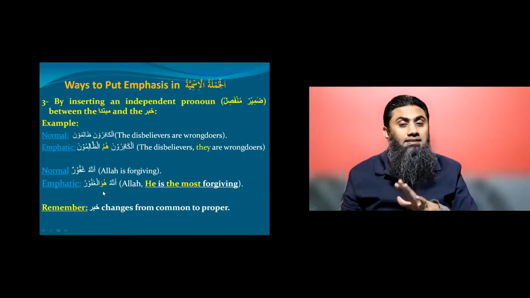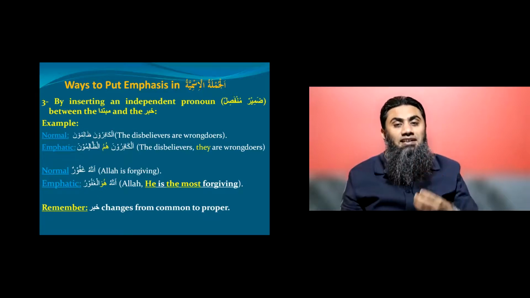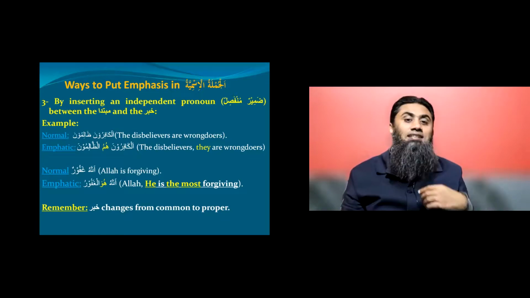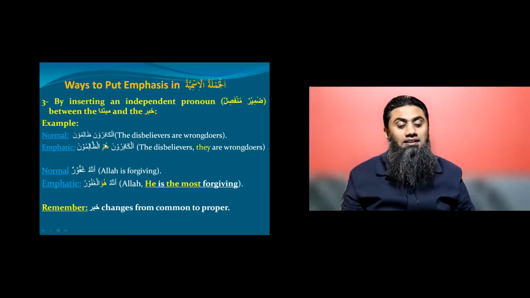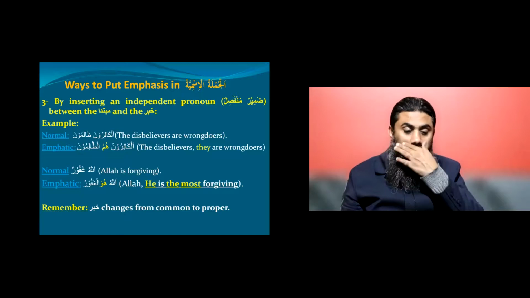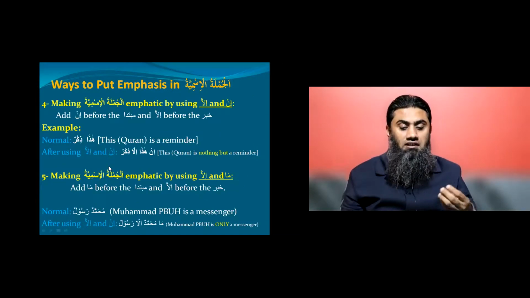But I just mentioned this as a side point, because you don't need to be deciding which one to use, because when you read the Quran, it's already used there. I just explained how you decide which one to insert. It is decided by the mubtada. According to the nature of the mubtada, you insert the independent pronoun. Clear? But inshallah, when you analyze the Quranic text, it's already there. Okay, so this was the third way. Let's keep moving. Inshallah, a few more points are left on this one.